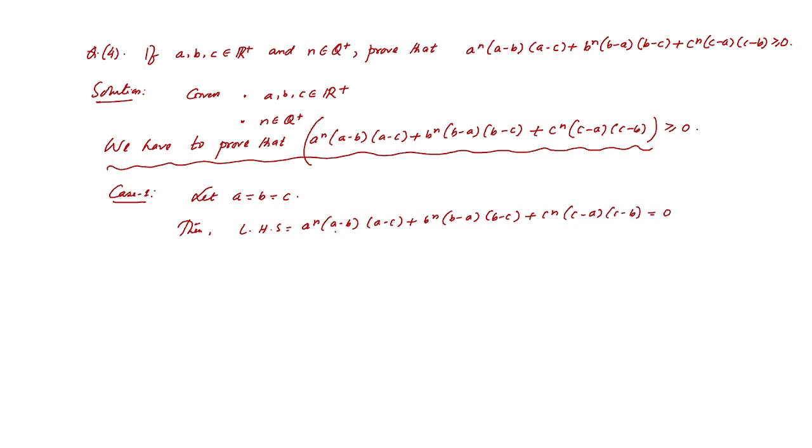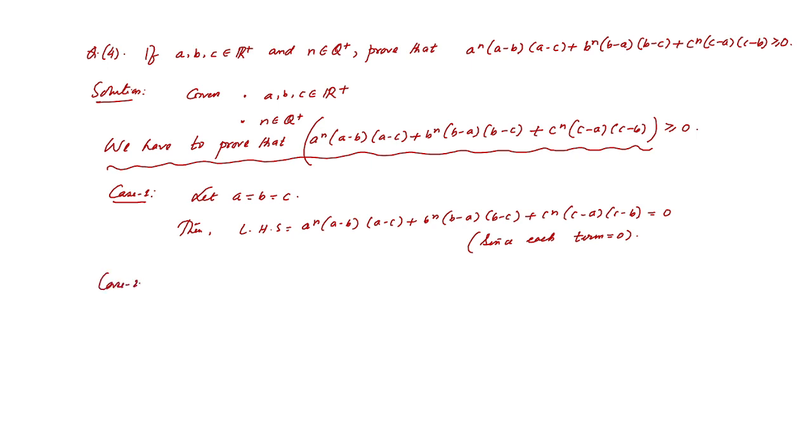Because here a equals b, that means a minus b is 0, and a minus c is also 0. So this value is trivially 0, since each term equals 0. So this is case 1.